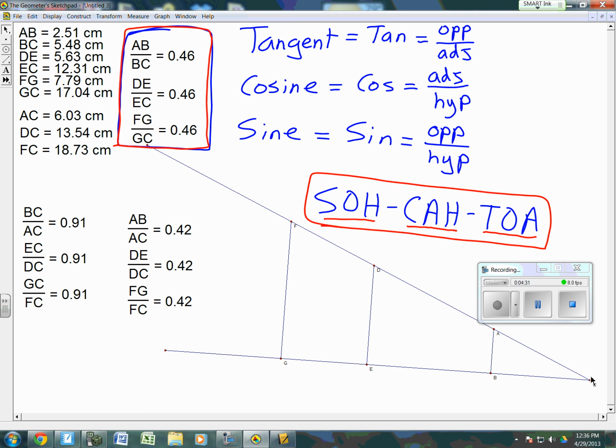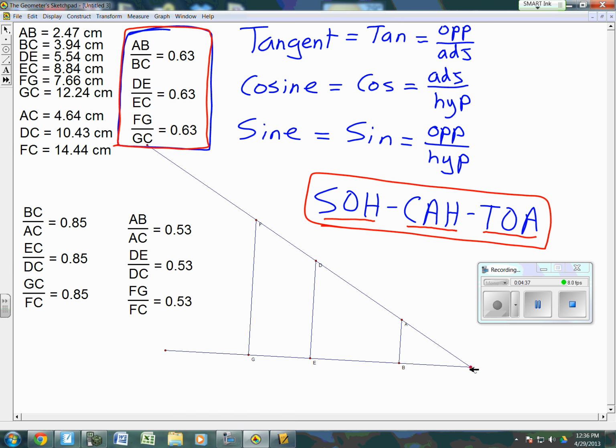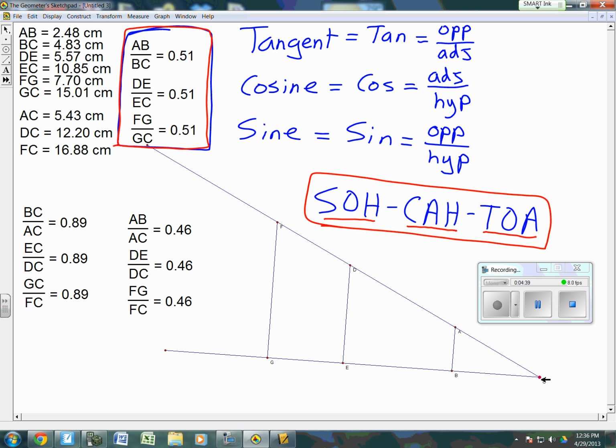Now, watch. If I drag point C around, I'm changing the angle C because those other two points stay the same. Oh, you know what? I'm going to measure the angle so you see that too.